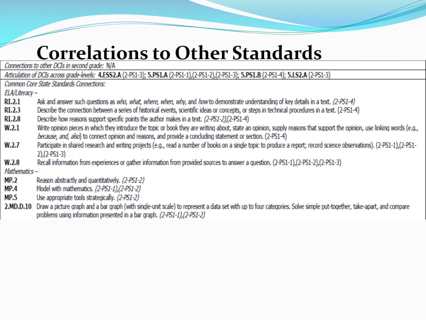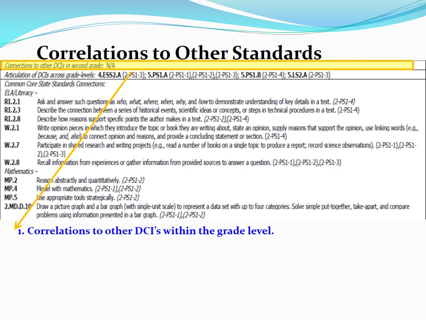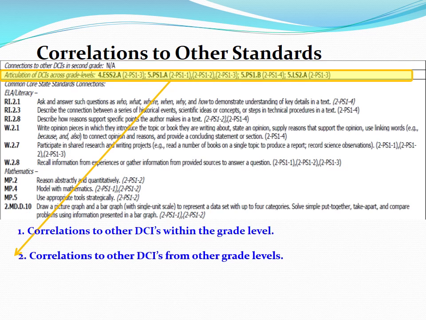At the bottom of the document were correlations. The first section of correlations here correlates to other DCIs within the grade level or grade band. So this would show you correlations to other DCIs within middle school if it were a middle school standard. The second group of correlations correlates to other DCIs from other grade levels.